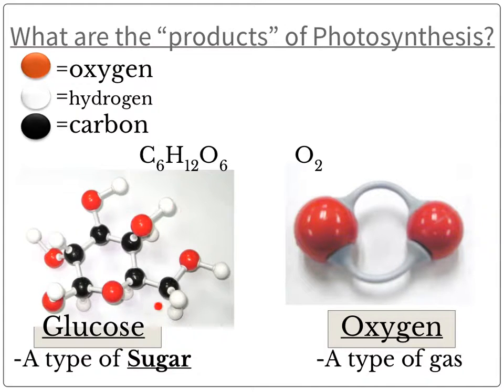For example, adding carbon and hydrogen to these oxygens over here turns glucose into sugar, which is a solid and sweet to the taste, and these are just oxygen atoms, and this is actually a gas. Has no taste, and you need to breathe it in to do cellular respiration. So it's just interesting that the arrangement of the atoms is what gives a molecule its physical properties.